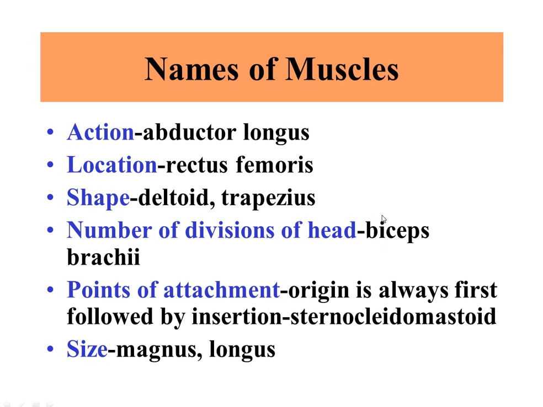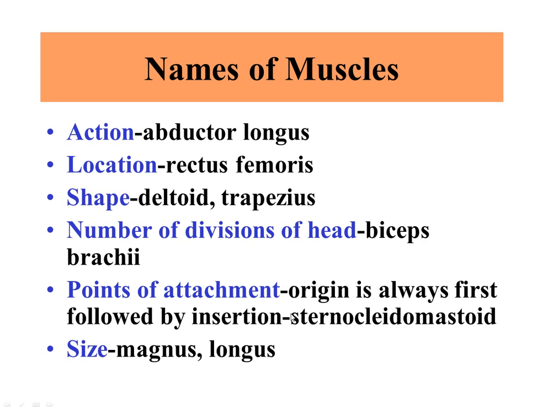Bi means two, the divisions of the head, and ceps is a head. The triceps brachii on the underside of the arm has three heads, so it has three origins and one insertion. The biceps brachii has two heads, two points of origin, with one attachment.